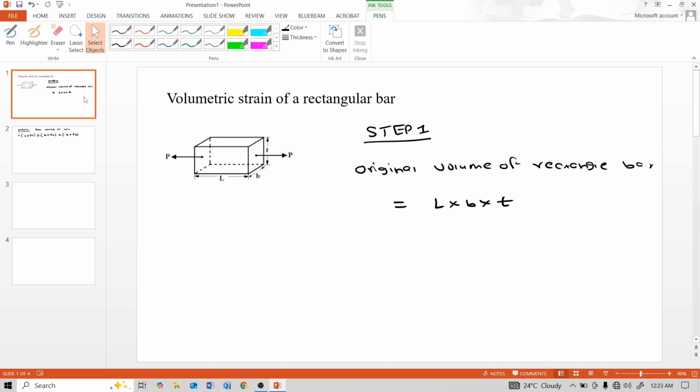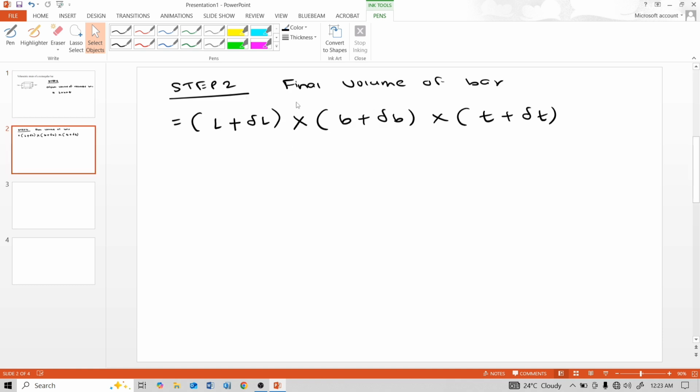Our original volume of bar is L into B into T and final volume of bar is L plus delta L, B plus delta B, T plus delta T.